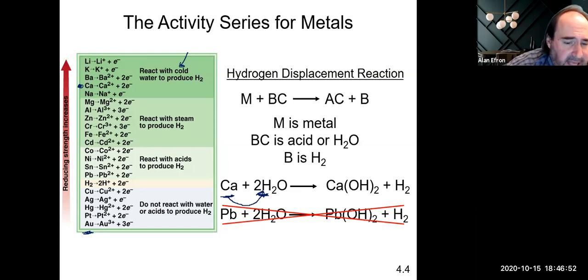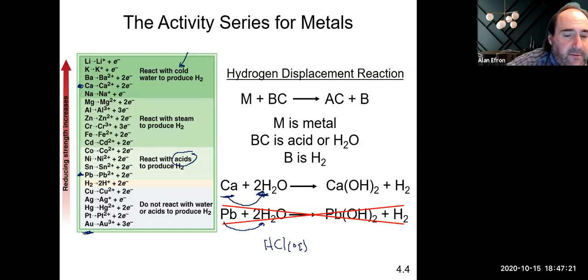Now, if we look at lead, which is down here, in order for hydrogen to be eliminated, you actually need an acid. And water is not really a strong acid to make that happen. So this reaction here would not take place because lead would be less reactive than the hydrogen it is trying to replace. You would need something like hydrochloric acid, then this reaction would probably take place.